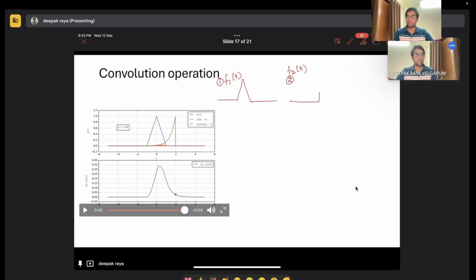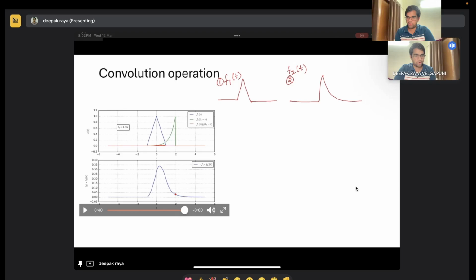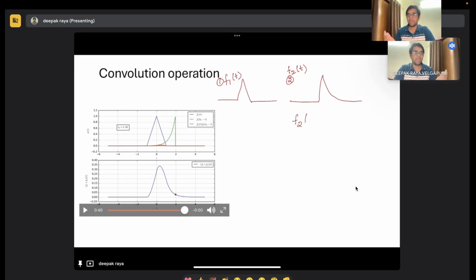So suddenly you get an exponential and it decays. What you do is you flip the signal f2 of t and shift it. So how is it shown? t minus tau, and this is f1 of tau. Just replace t by tau here for the sake of convenience.